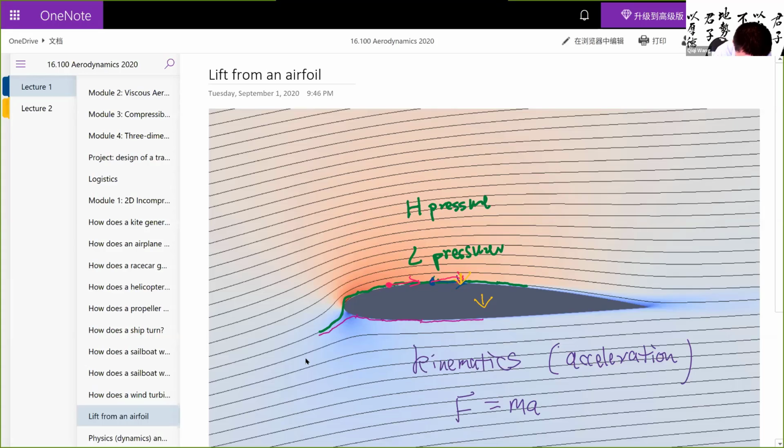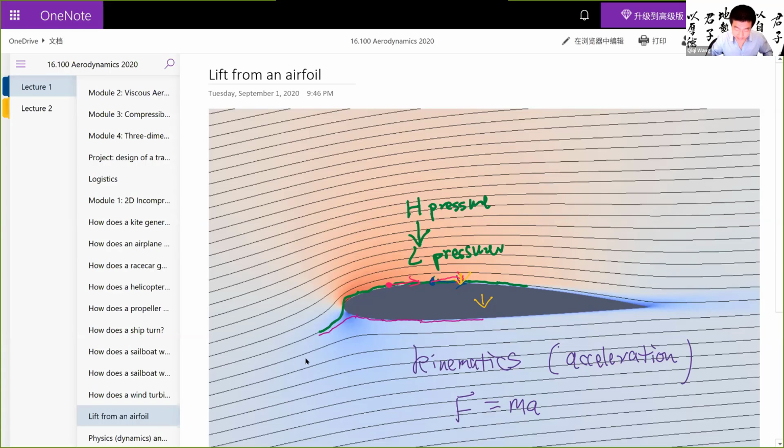So it's the gradient, or a spatial difference in pressure, that drives the flow to curve along the airfoil. And now assume that very far away from the airfoil, the pressure is the same as the free stream. You are going to be knowing that on the surface, when there is a curvature, the pressure is lower than the pressure in the free stream.